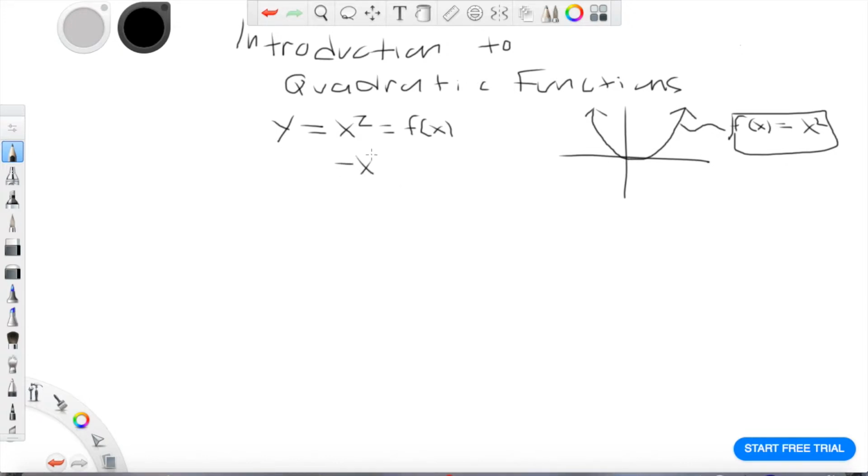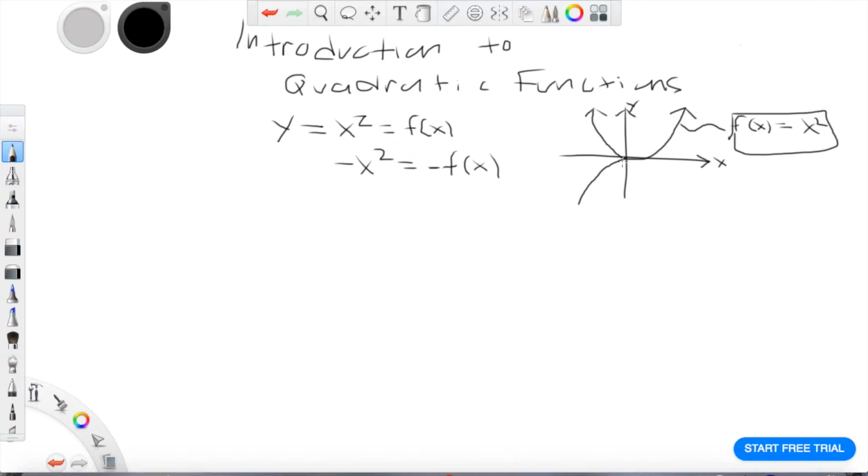negative x squared, is going to be negative f of x, and it's going to be something that is reflected about the x-axis. So here's your x, and here's your y.